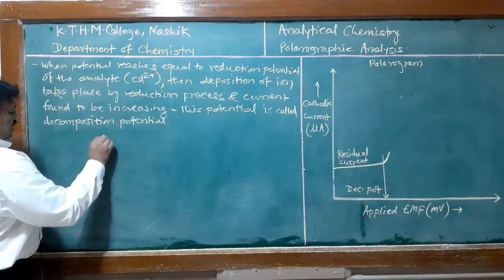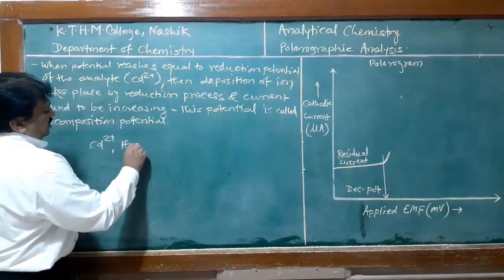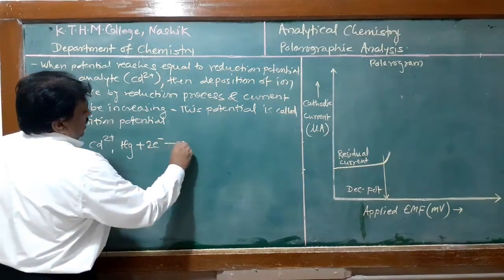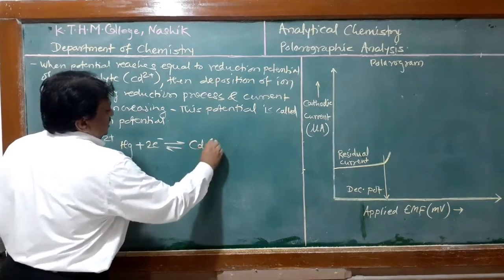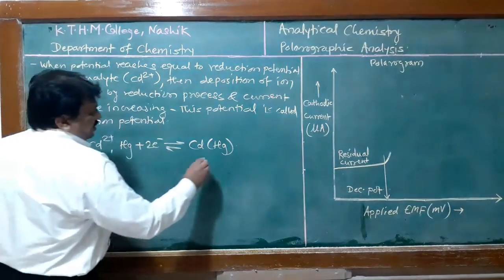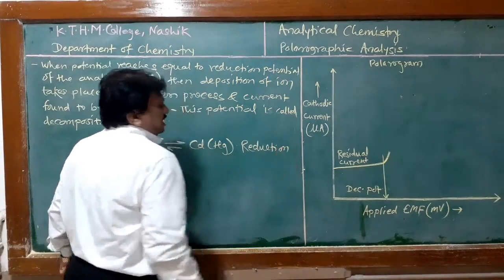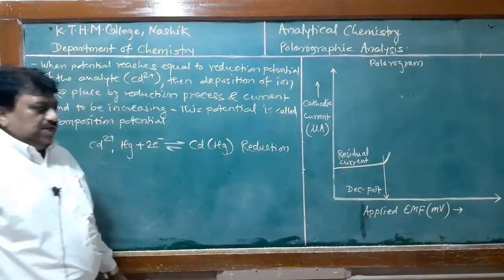For example, cadmium 2 plus in presence of Hg plus 2 electrons gives CdHg, that is cadmium amalgam. This is a reduction and that requires electrons. These electrons are provided by the dropping mercury electrode.